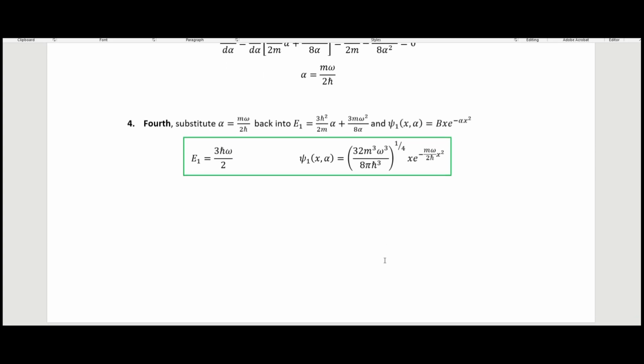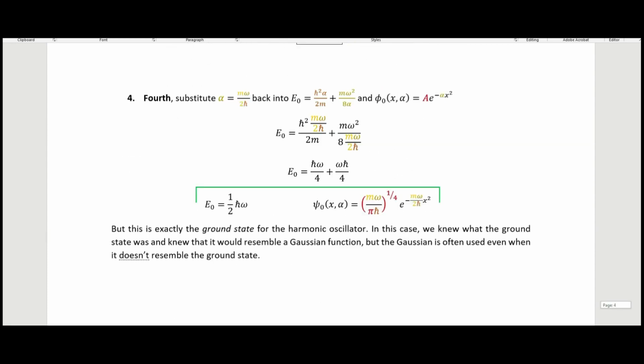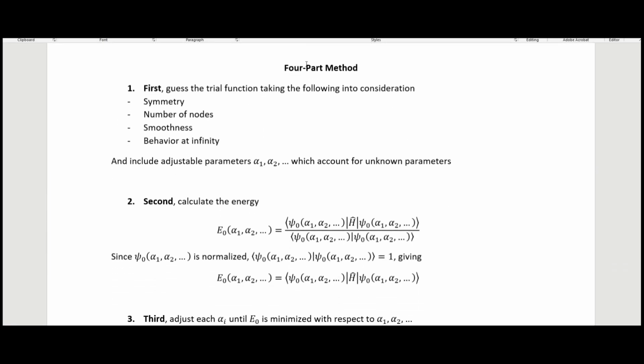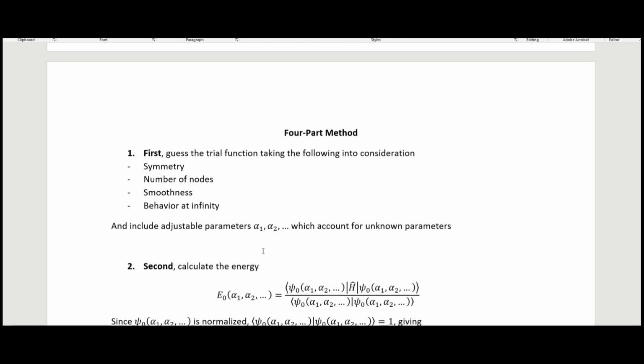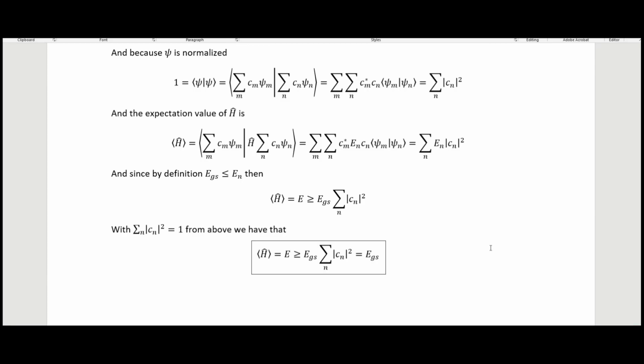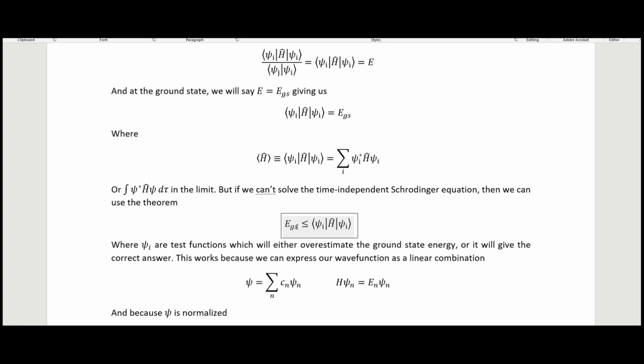And you could keep going with this for higher energy states as well, but that is where I'm going to end this video. So I guess the take-home message for this, aside from this 4-part method, which is what we'll be looking at with other examples in the next couple of videos, is just this idea that our ground state energy, or whatever energy we're looking for, is going to be less than or equal to the energy associated with this Hamiltonian here.